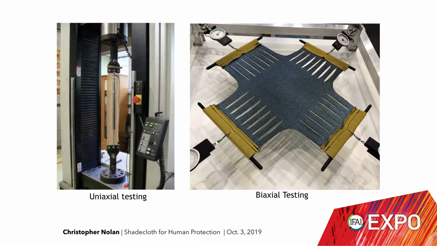There are 2 basic types of testing. First, you have uniaxial testing, where the material is stretched in one direction only, and the other, you have biaxial testing, where it is stretched in 2 directions at once. Obviously, in the field, when you are tensioning a structure, it's tensioned in both directions at once, and hence this test is an indication of how it's actually going to happen in the field.